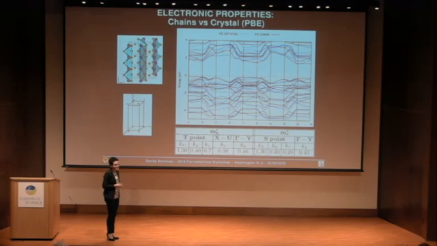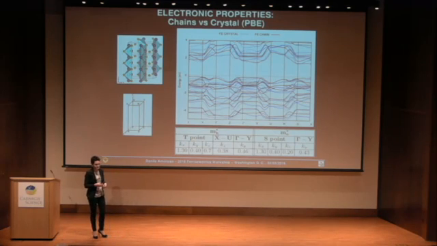So maybe we can find some experimental people who are interested, because I know that it's possible to look at this spin splitting by ARPES, something like this. But it's very difficult. Maybe if somebody is interested, we can go on. Any other questions? Okay, thank you again.